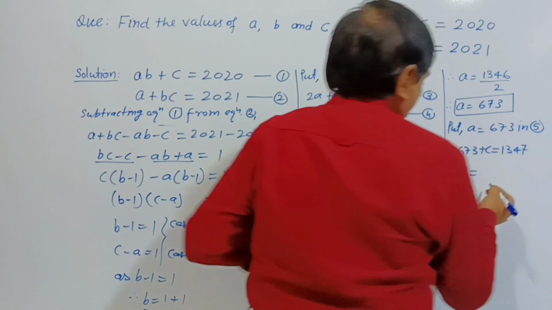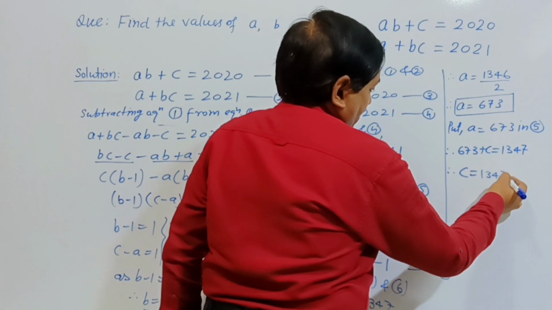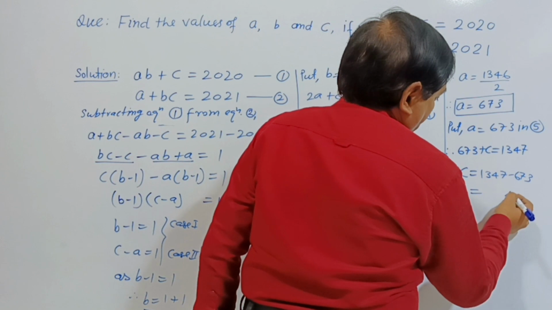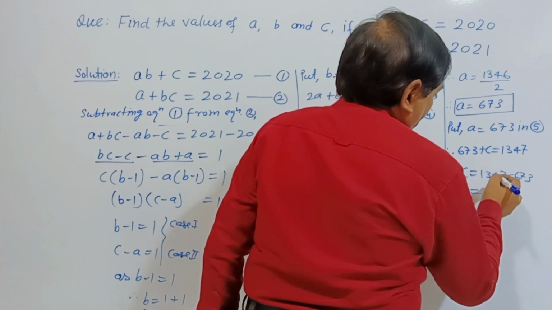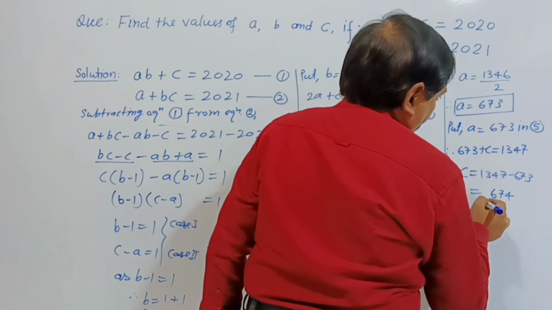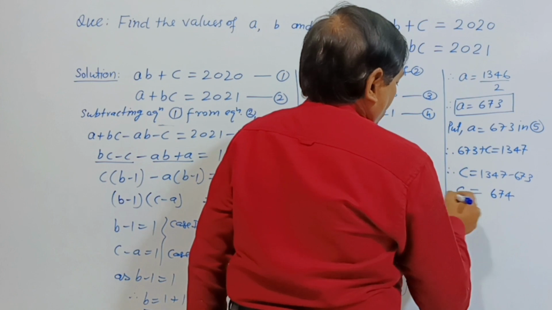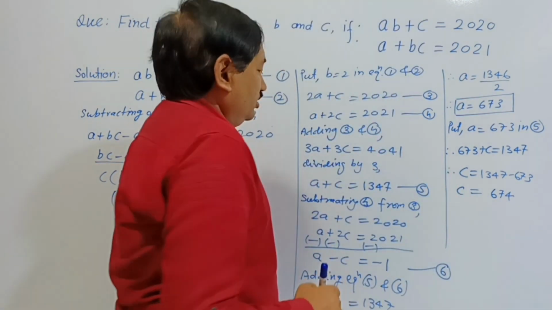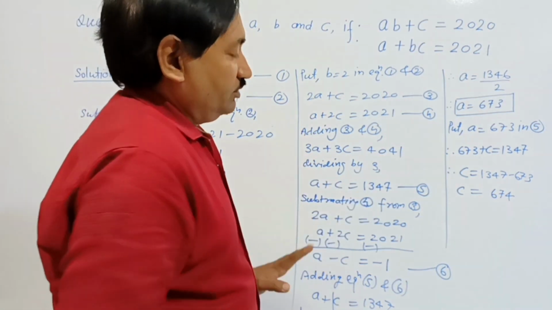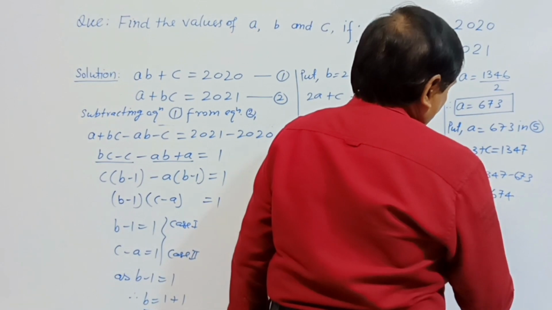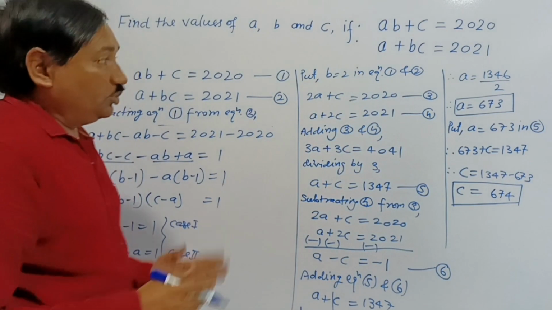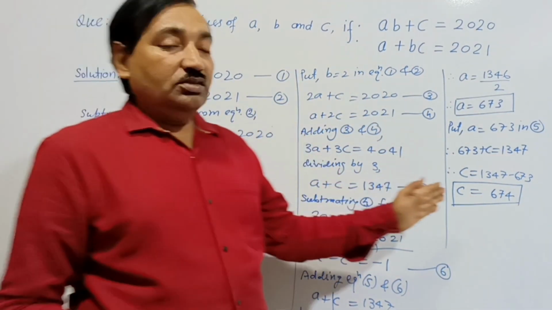Therefore C equals 1347 minus 673, which is 674. This is the value of C. So A plus C is 1347. The value of C is 674, the value of B is 2, the value of A is 673.